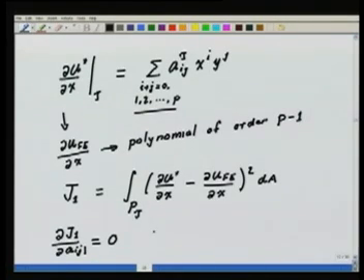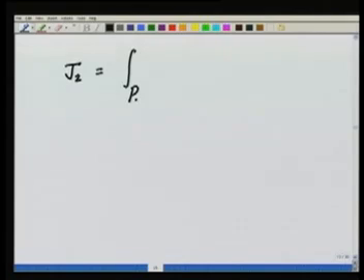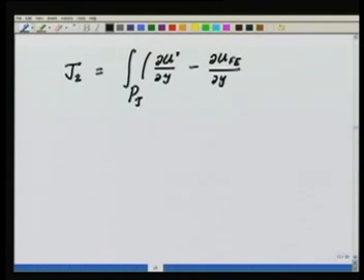Okay. Similarly, I am going to define another functional J2 is equal to the integral over the patch P_τ of (∂u*/∂y minus ∂u_FE/∂y) whole square dA.